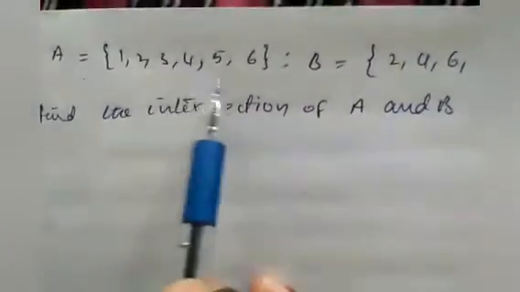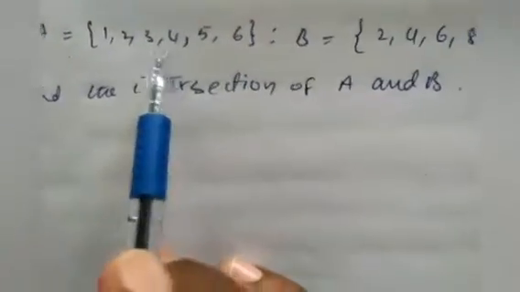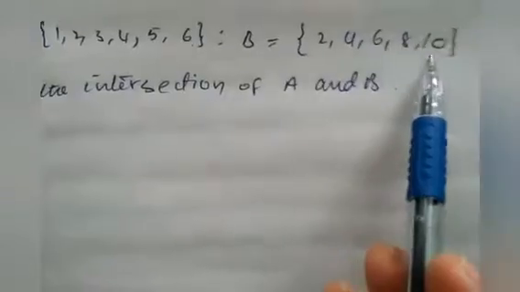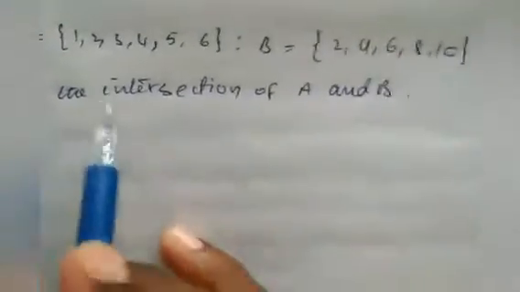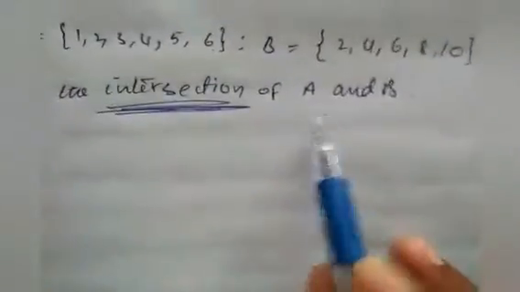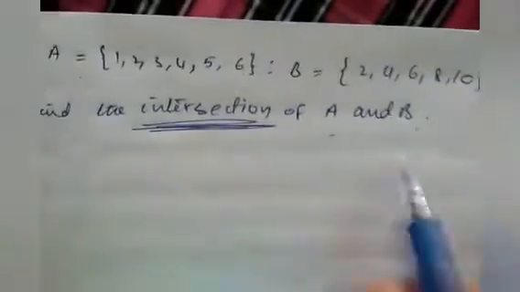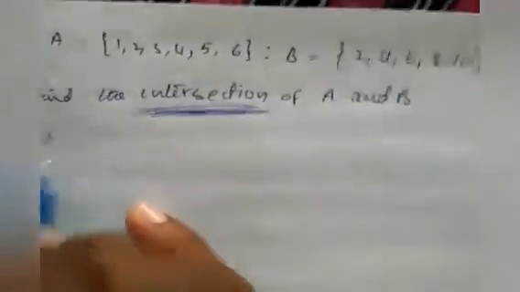Our next question. A is equal to set of 1 comma 2 comma 3 comma 4 comma 5 comma 6, and B is equal to 2 comma 4 comma 6 comma 8 comma 10. Find the intersection of A and B. So intersection of A and B means, let's take a solution.